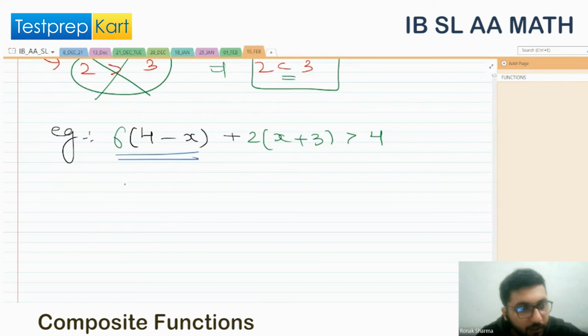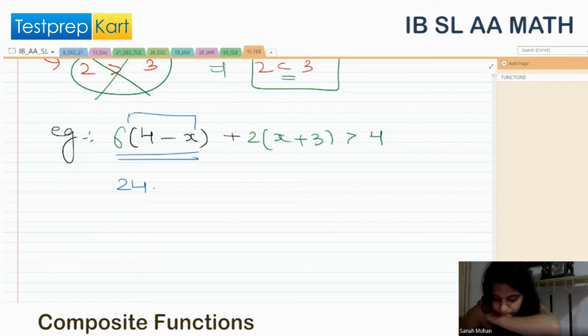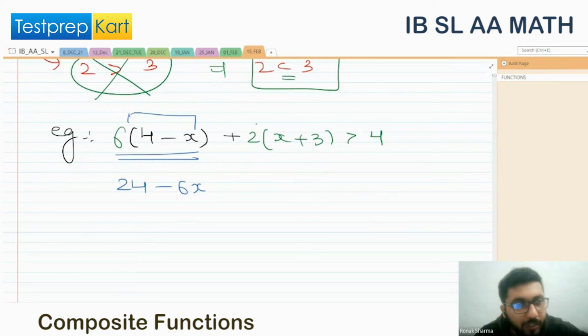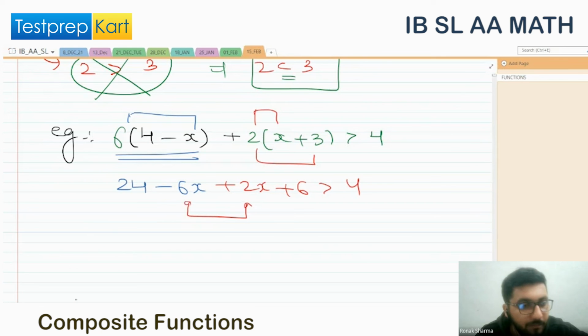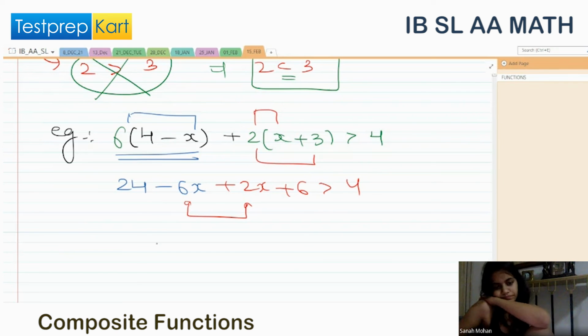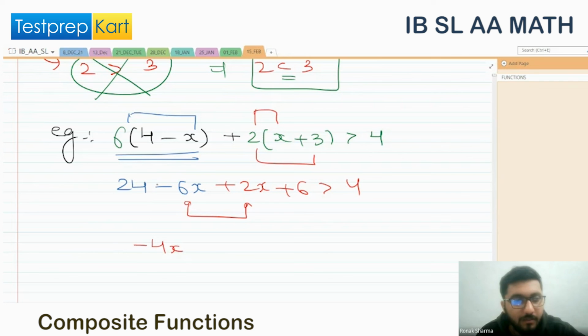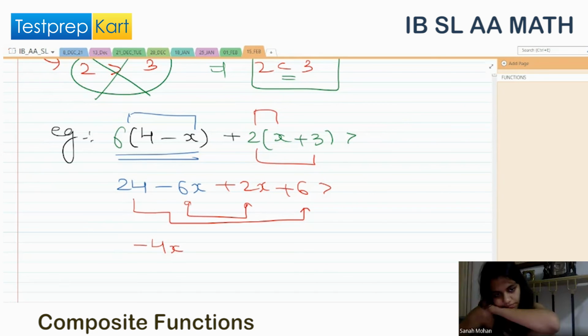This will become 6 into 4, 24. 6 into x, minus 6x. Then 2 into x, plus 2x. 2 into 3, plus 6, greater than 4. What will minus 6x plus 2x become? Minus 4x. And 24 and 6 will become 30.